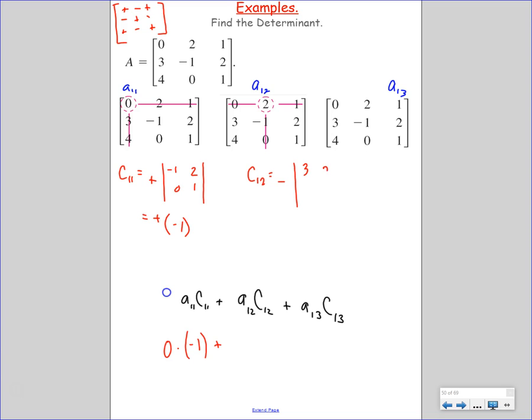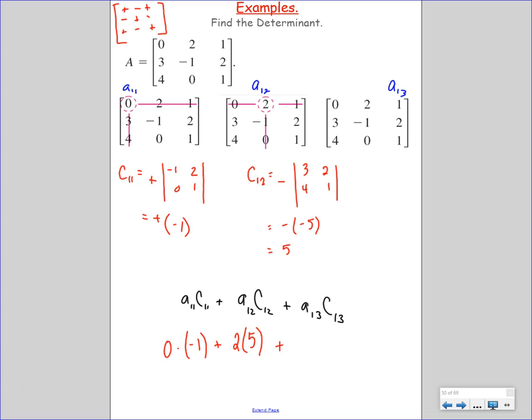I'm taking 3, 2, 4, 1. What's my determinant? Main minus opposite. 3 minus 8? Negative 5. So my cofactor is positive 5. So I'm going to do 2 times 5. You guys finish it off.